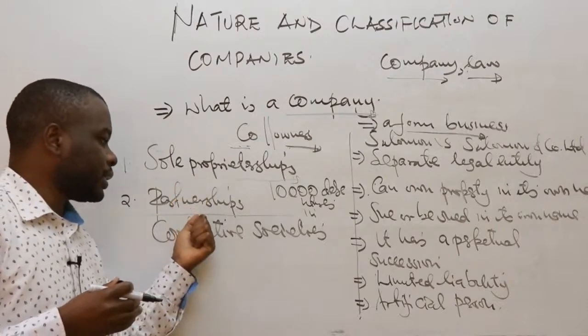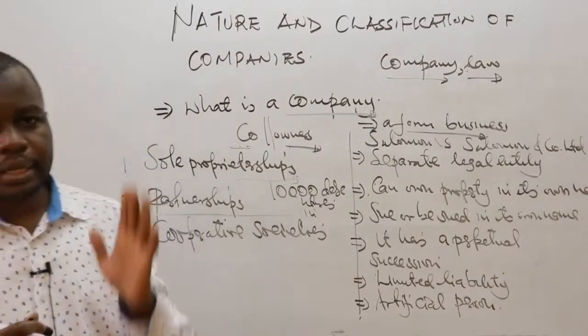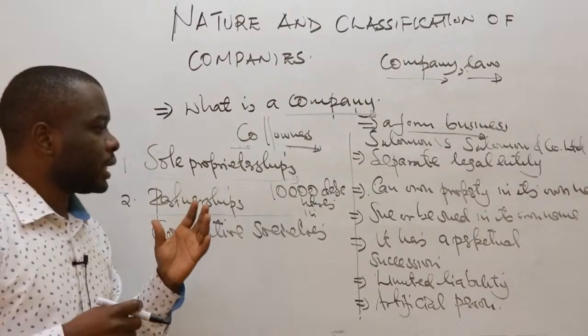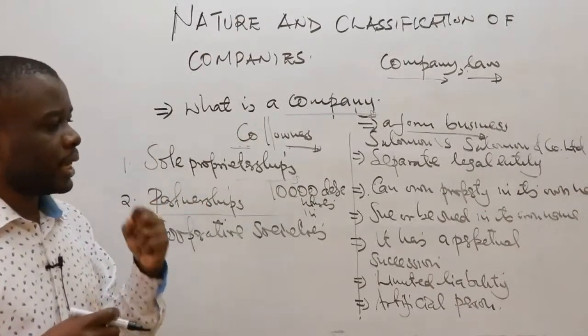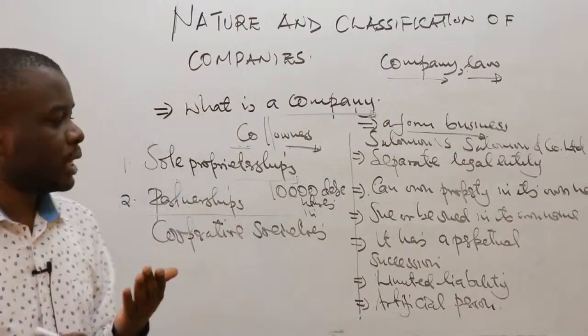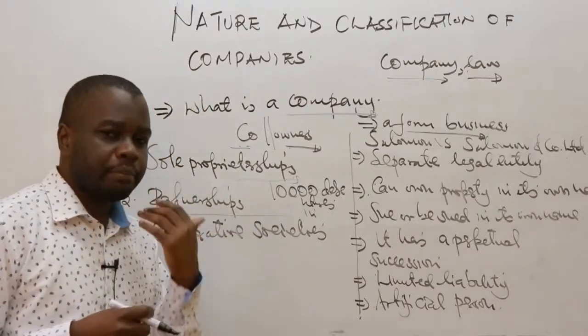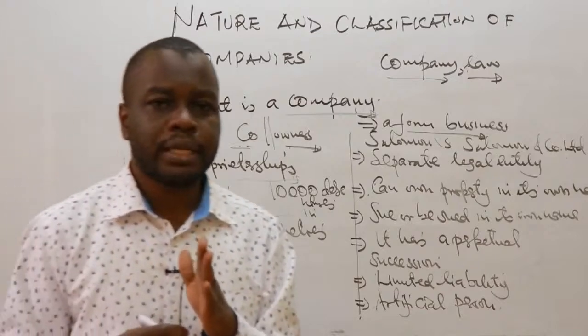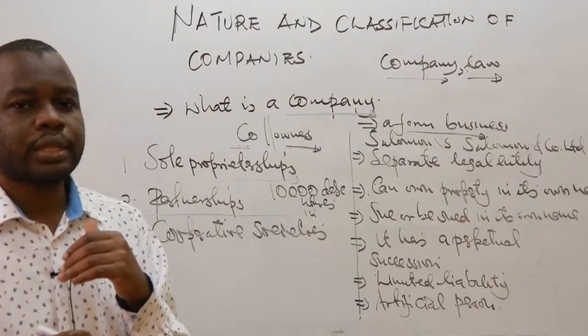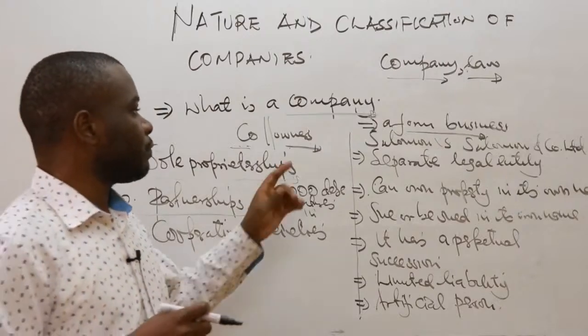If it is a partnership, it will be in the name of all the partners in that partnership. So a company can bring any action in a court of law in its own name, or sue anyone in its own name, or any person can sue the company in the name of the company, and not in the name of the owners of the company.